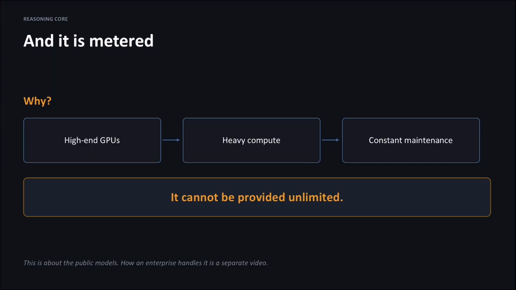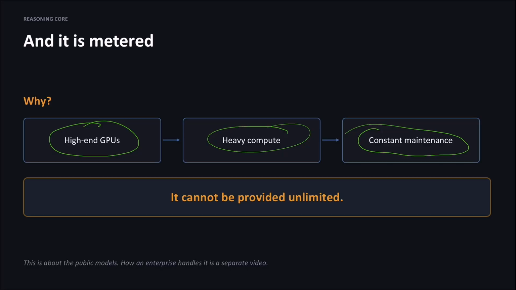The third property is the important property while designing. It is metered, in the sense you cannot just keep on asking questions, or trying to get some output out of the reasoning core for infinity, right? Because the responses which you are getting from the backend are using high-end GPUs. It is using a lot of heavy compute, and it has to be constantly maintained, right?